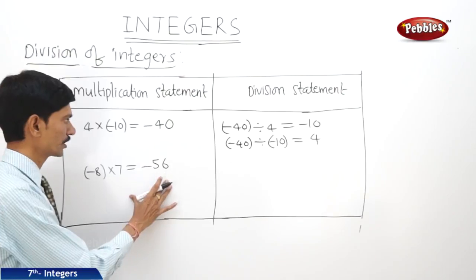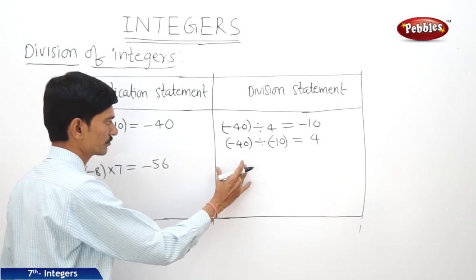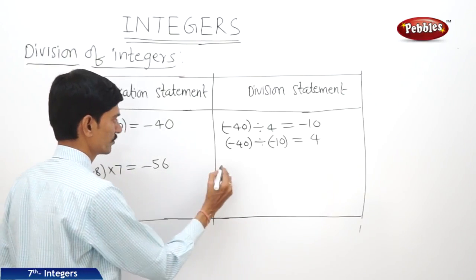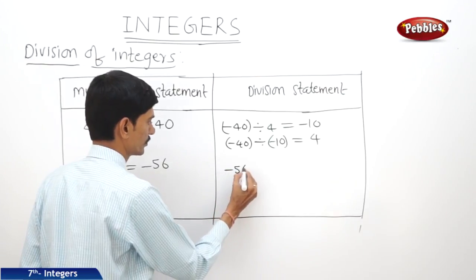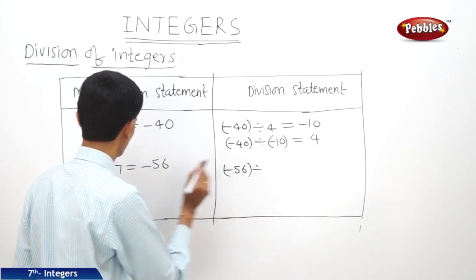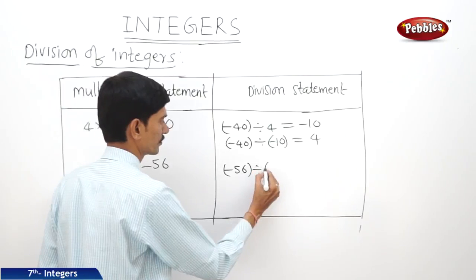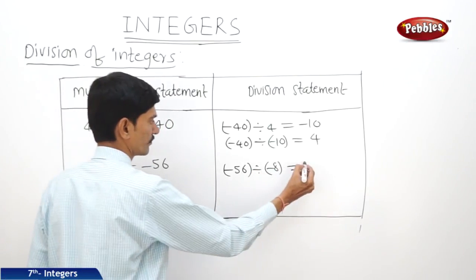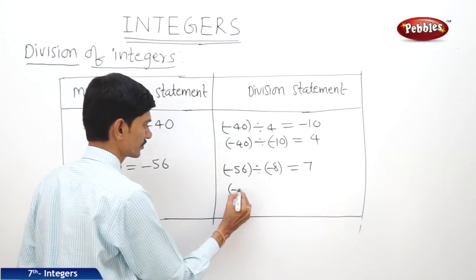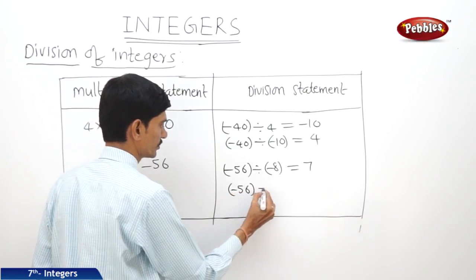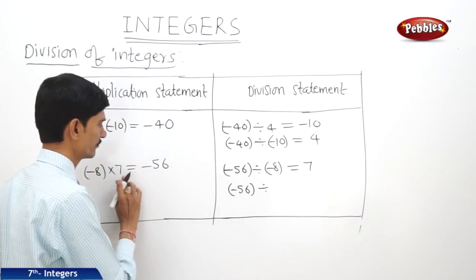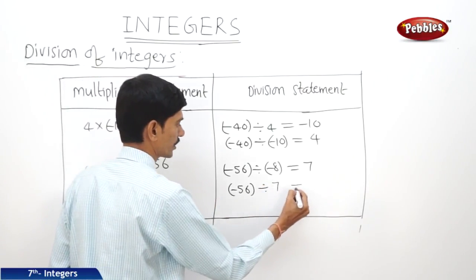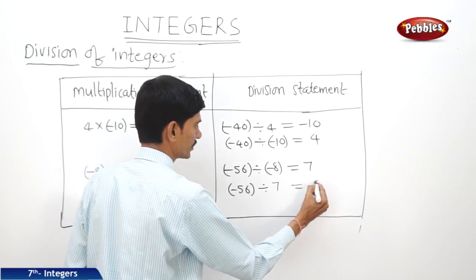So for this multiplication statement, we can take the corresponding division statements. When minus 56 is divided by minus 8, the quotient is 7. If minus 56 is divided by 7, then we get the quotient minus 8.